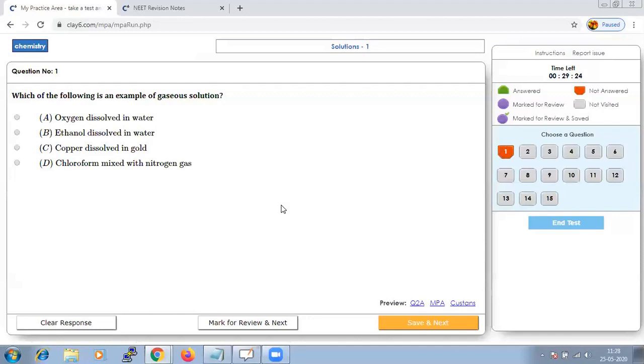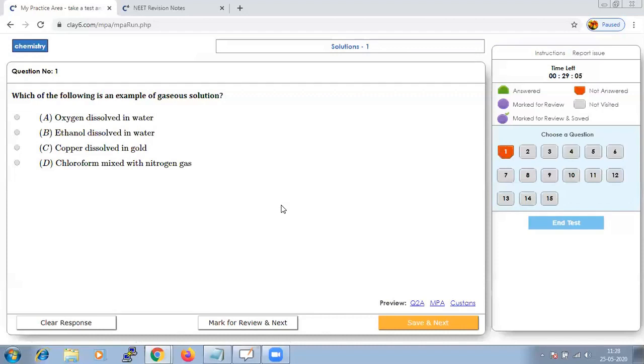You should know the different combinations in the test. Suppose we are saying gas and solid, or those types of combinations, do remember the names given to them.